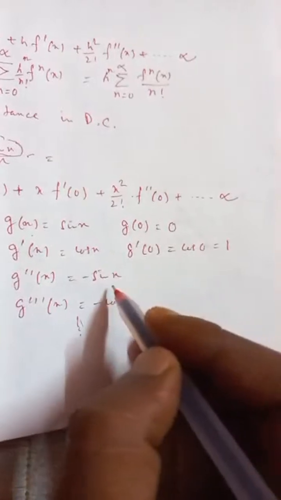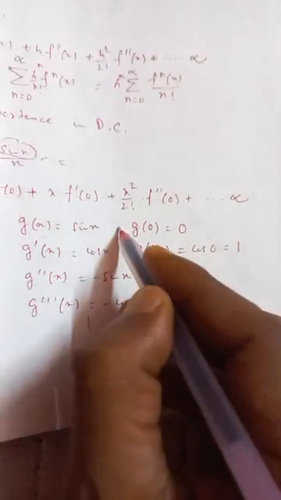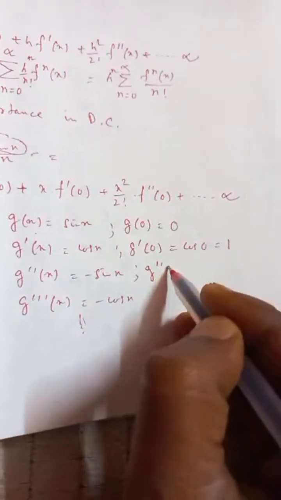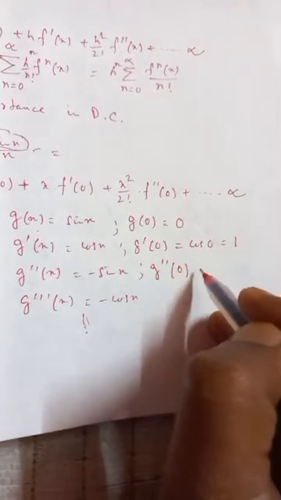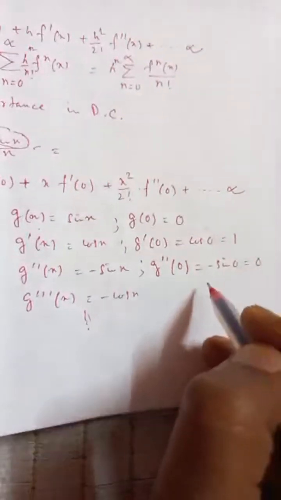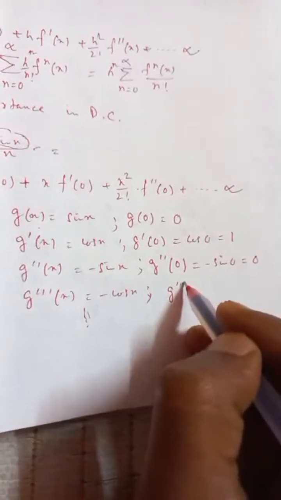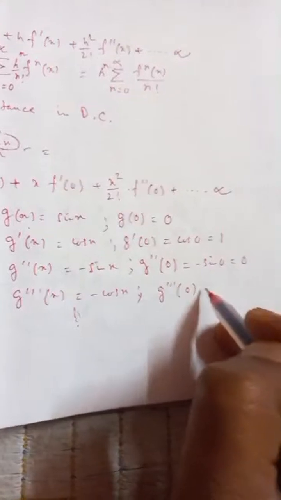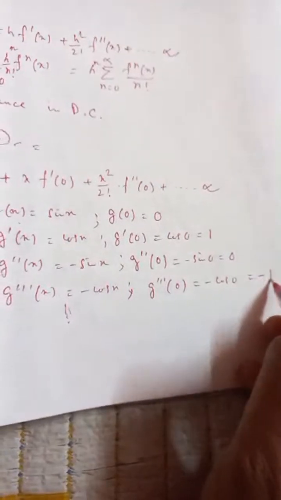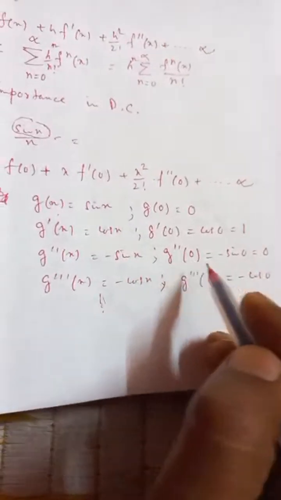The second derivative of g at the point 0 equals minus sin 0, which is 0. The third derivative of g at the point 0 will be minus cos 0, which is minus 1. So in this way we can expand this series.